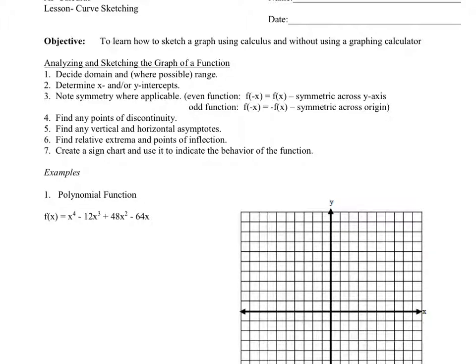Any kind of discontinuities, and then you get into the calculus stuff. So then we start talking about increasing, decreasing, relative extrema, absolute extrema, and then points of inflection and concavity. So it's basically a whole lot of pre-calc right here, and then calc 6 and 7.